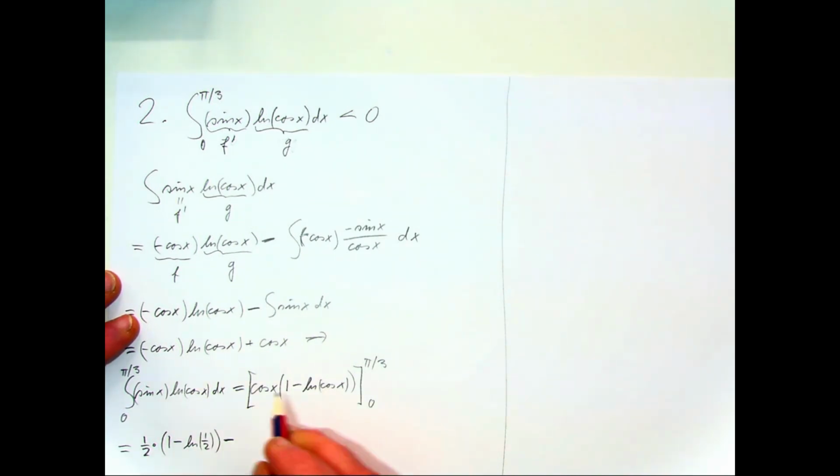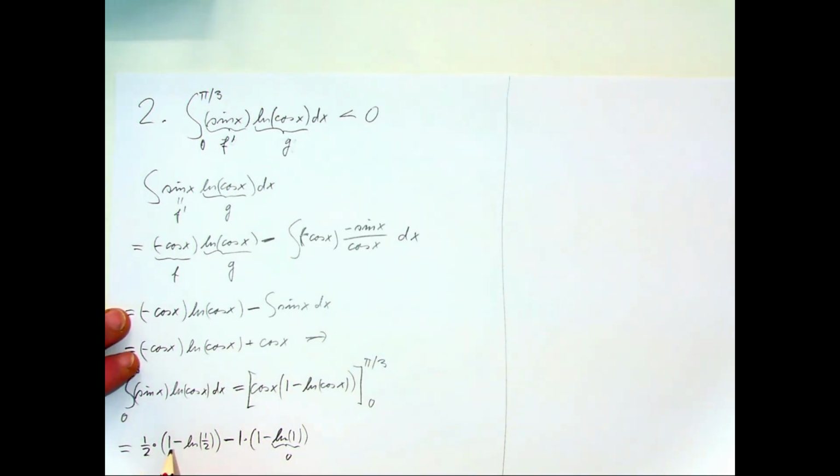And then you plug in 0 everywhere. Cos of 0 is 1. And here you have 1 minus ln of 1. But ln of 1 is 0. So how does that all pan out? Here we have a half.